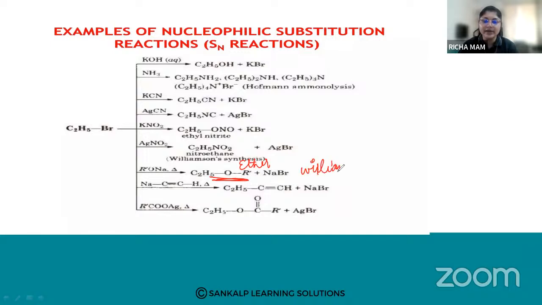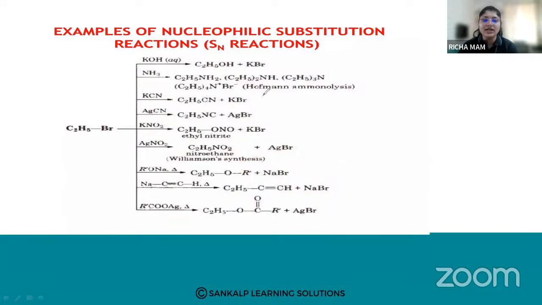We are going to study it in the chapter on ethers. By treating your alkyl halide with sodium ethoxide or sodium alkoxide, we can obtain the corresponding ether. This reaction is called Williamson ether synthesis.